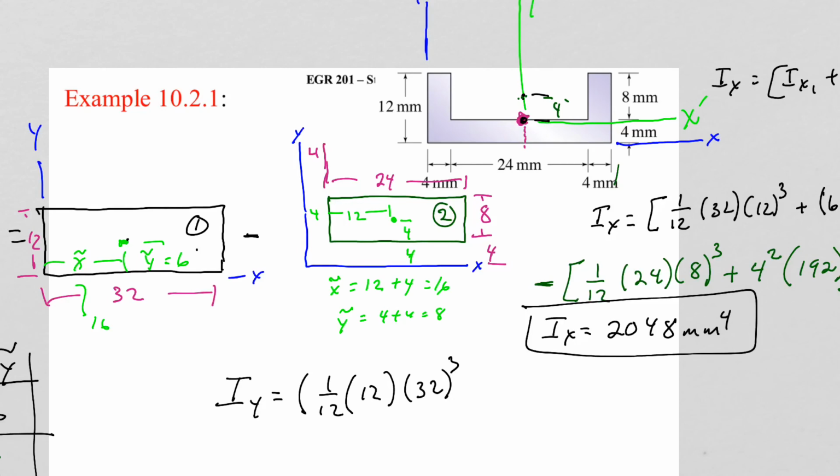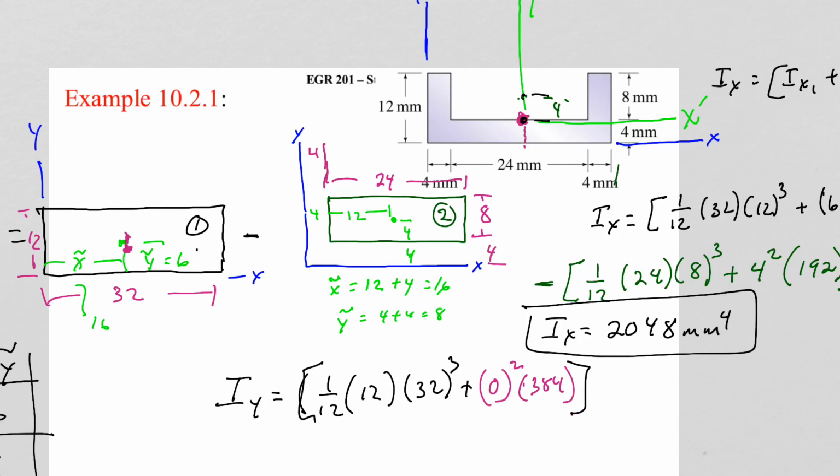Then we need to add in the parallel axis. The centroid of this shape and the centroid of the other one are both at 16, so our distance is actually 0, and our area is still 384. So there is no parallel axis because it's already there. We'll bracket that in.